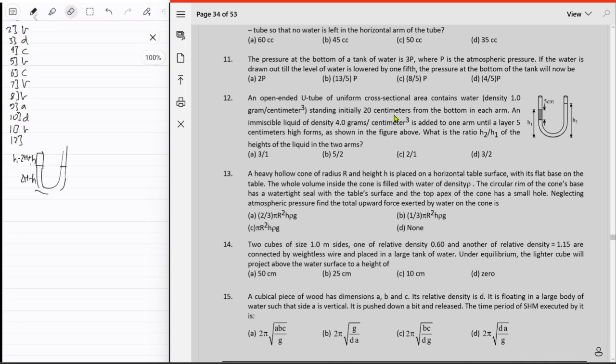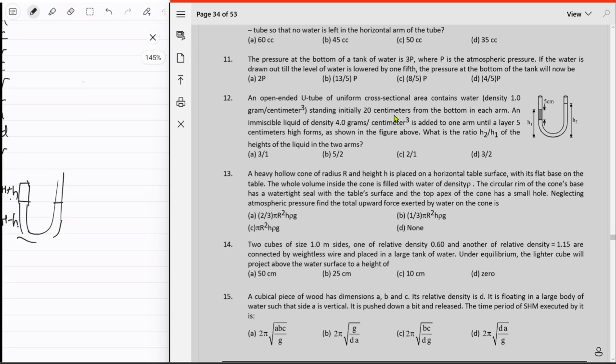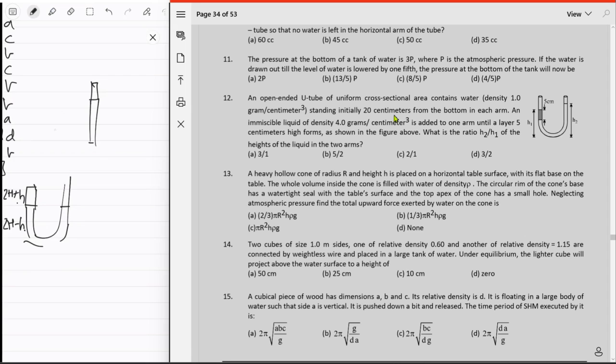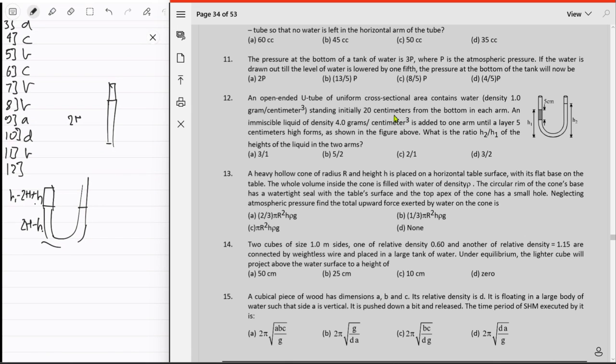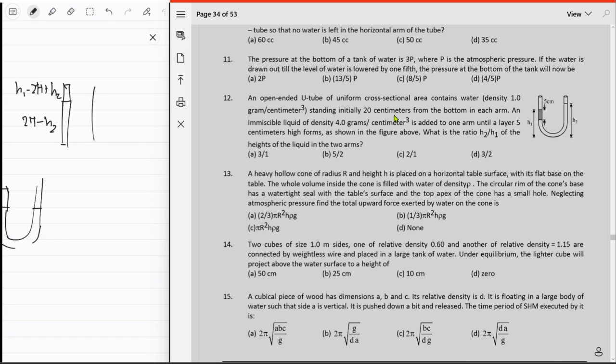Okay, just draw it correctly this time. So the lower part on the left arm, you just have 2 capital H minus H2, and then this is H1 minus 2 capital H plus H2, and then over here, in this arm, this is the thing.